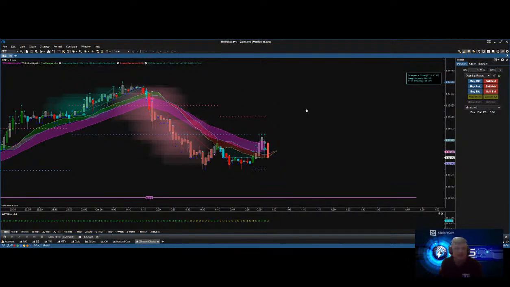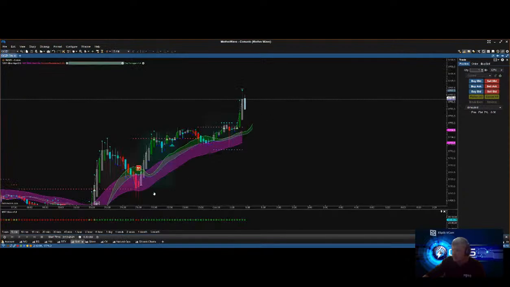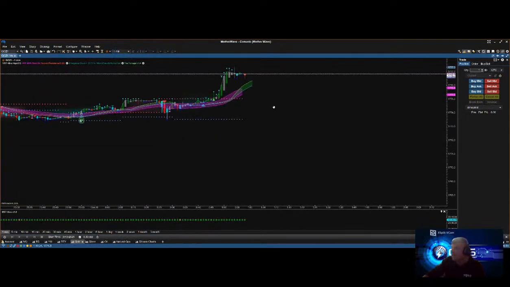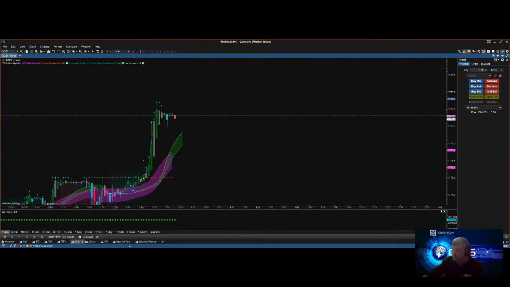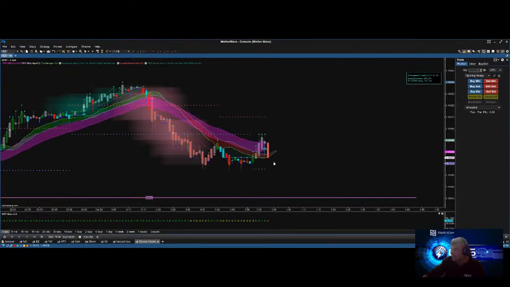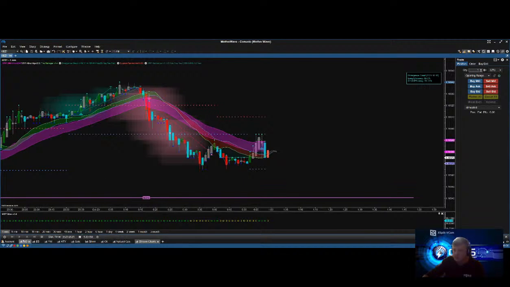Honestly, I don't have a whole lot of experience trading forex, but if we're using it as a gauge for the gold and the direction of gold, that'd be awesome. All right, so I'm kind of getting the picture here.